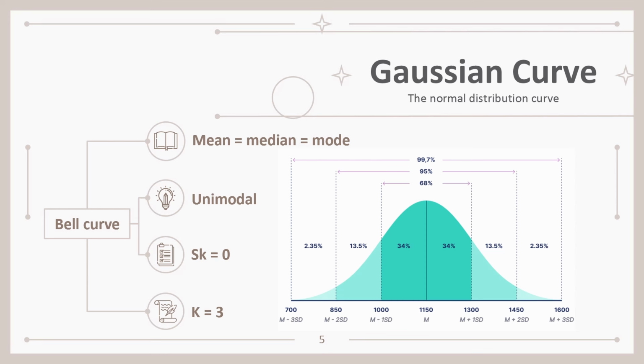And then of course, as with your peak, you should have only one mode since the normal distribution curve or the Gaussian curve only has one peak. You should have a skew of 0 and a kurtosis of 3. So this should be a mesokurtic curve. Now, do take note that some references would reference 0 as the kurtosis.